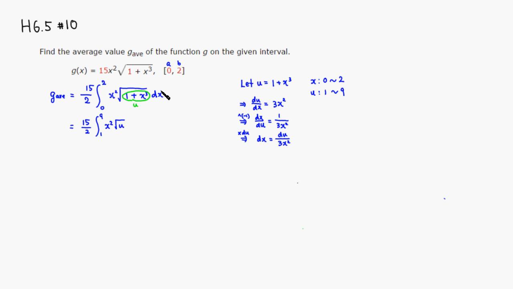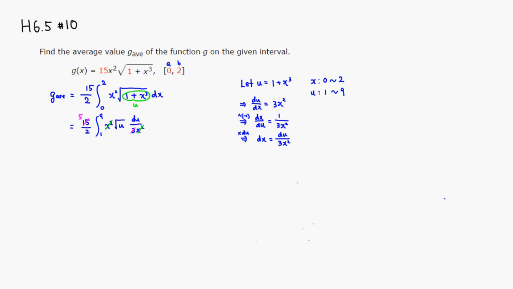Right, dx is the same as du over 3x squared. Alright, so we can cancel x squared on top and x squared there. And also we can cancel 3 on the bottom and 15, so that will give us 5 there.